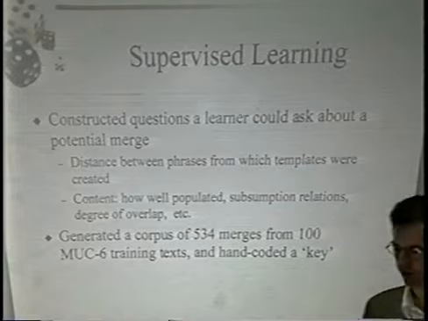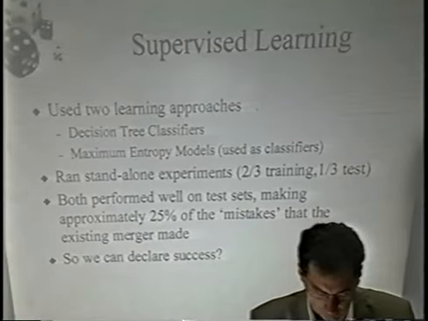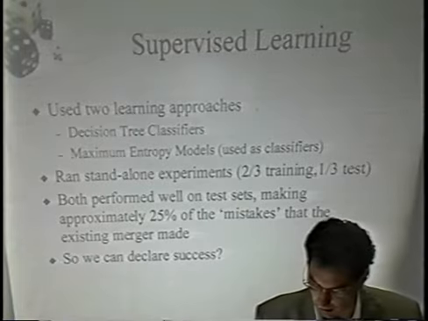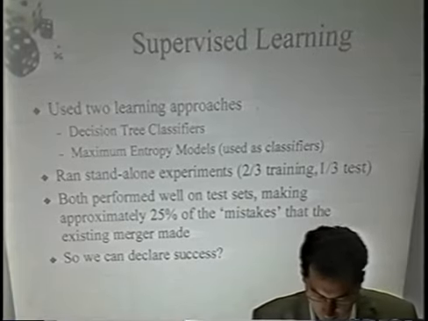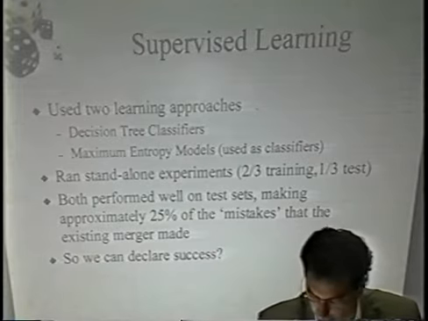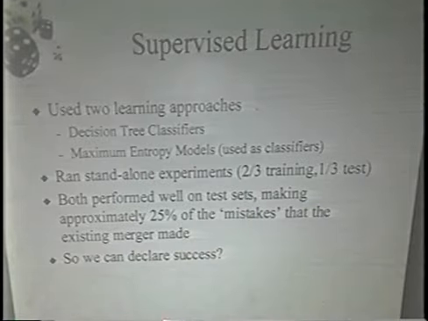So I dumped a corpus of every merge that the system tried when applied to the training text. I tried to code up a classification tree in the style of Breiman et al., and a max entropy modeling technique, the IBM technique that you're, I'm sure, very familiar with. I tried a threefold experiment and found that, according to my annotations, the learned mergers were only making about a quarter of the mistakes that the original merger was making. So that sounds great.